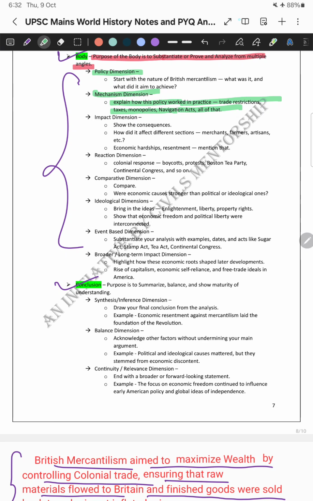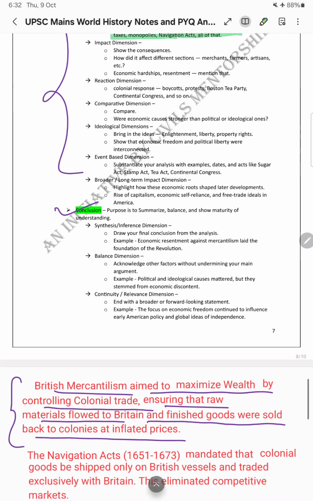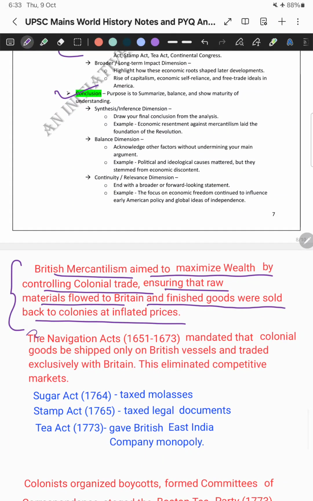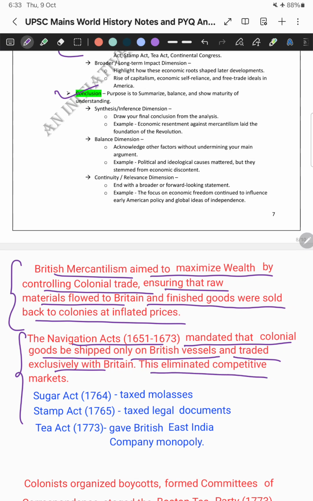About the Navigation Acts, you can mention that the Navigation Acts of 1651 to 1673 mandated that colonial goods be shipped only on British vessels and traded exclusively with Britain. Now, this eliminated competitive markets. So this you can write in the mechanism dimension.